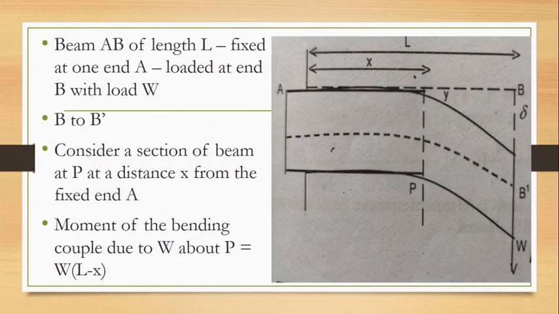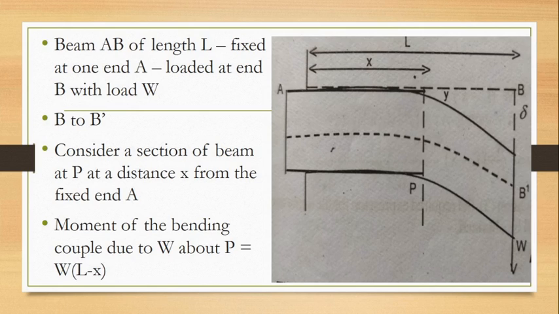So consider a beam AB in the picture of length capital L, and this beam is fixed at end A and end B is free and it is loaded with a load W. So what happens?